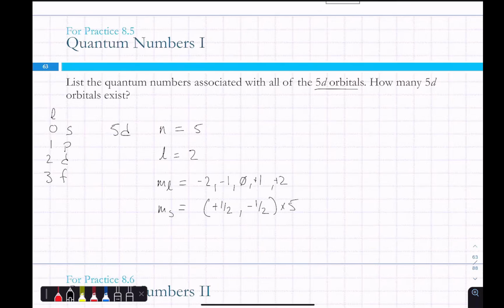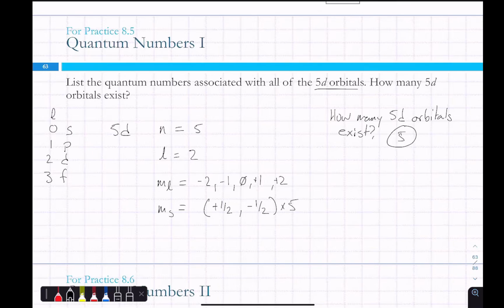Because each of those corresponds to a separate orbital. So how many levels of m sub l do we have? 5. And not because it's 5D.